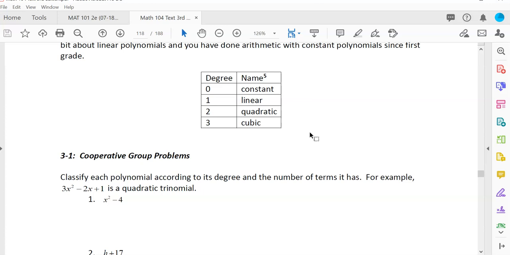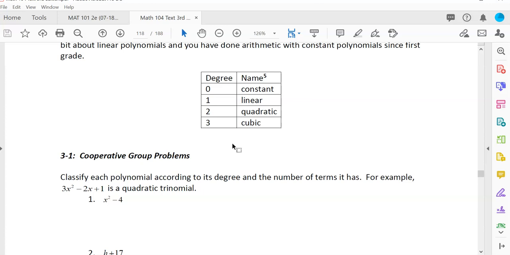So if it's a degree 6, we'll just call it a polynomial of degree 6.